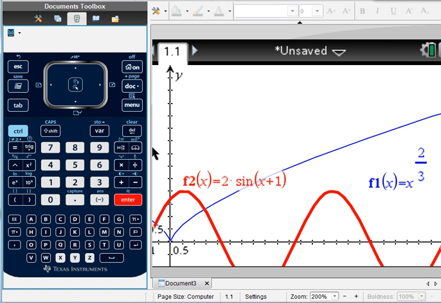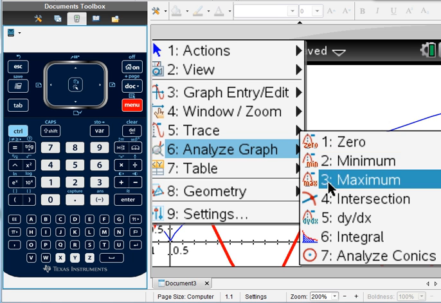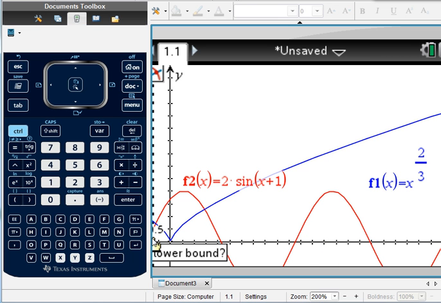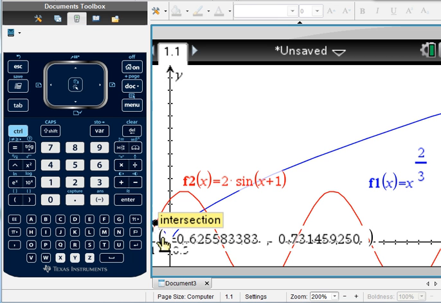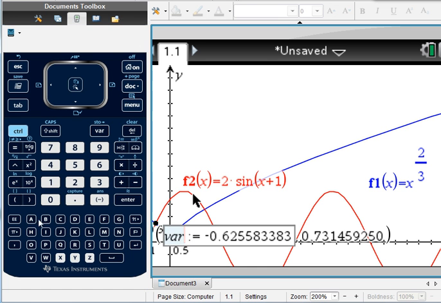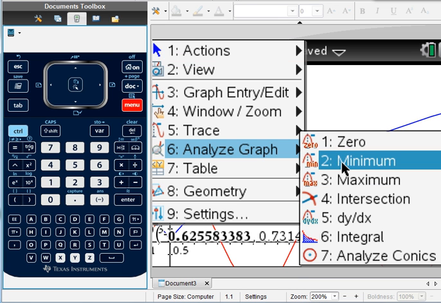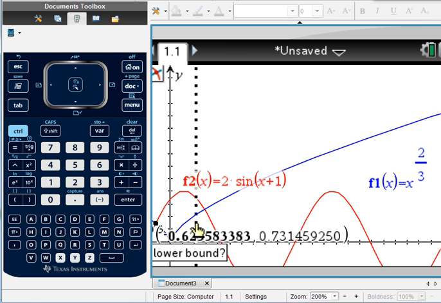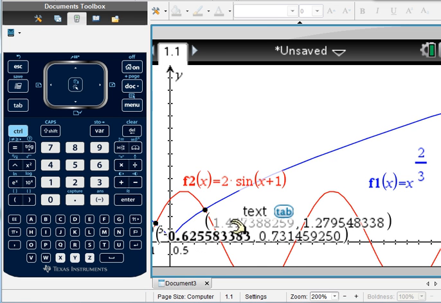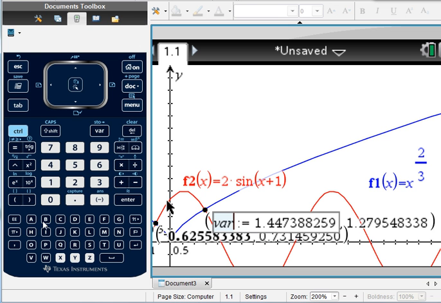So then let's find our points of intersection. There's the first one, and then store it as A. And find our other point of intersection. Store it as B.